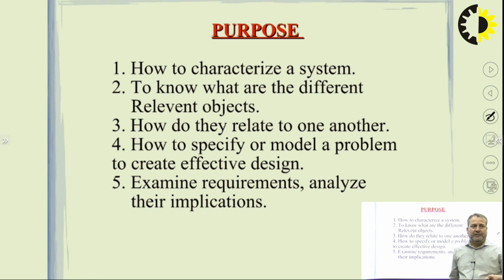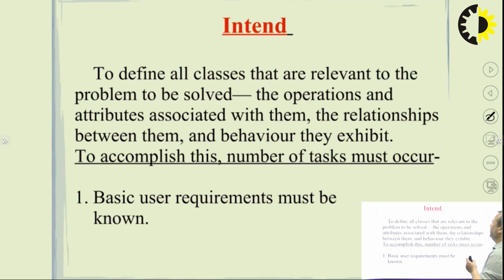So the purpose is to characterize a system, to know what the different relevant objects are, how they relate to one another, and how to specify or model a problem to create an effective design. What are the requirements, and how we analyze their implications, are all purposes of object oriented analysis.